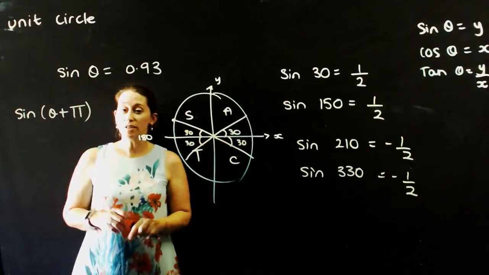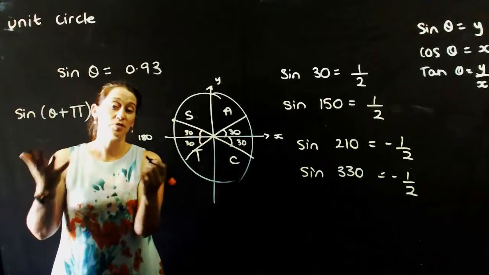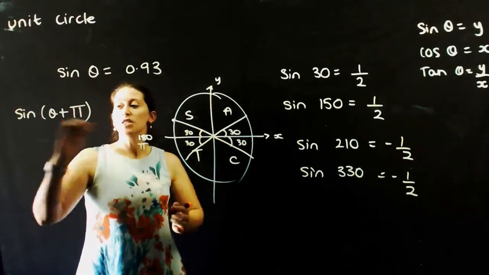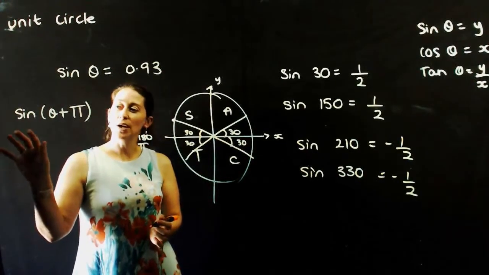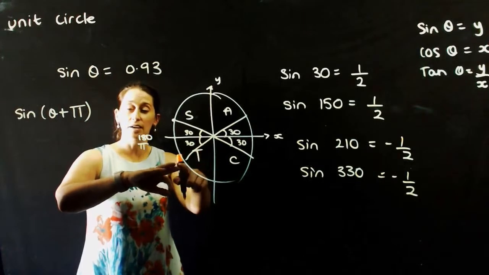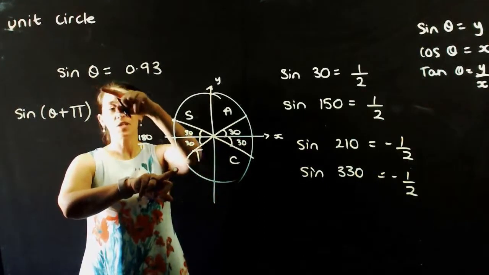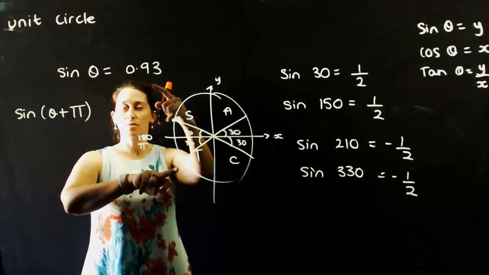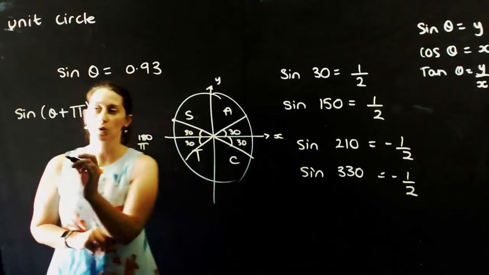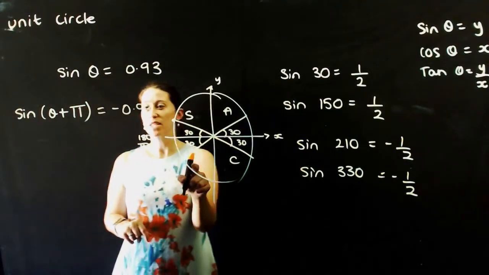Remember, pi and 180 are equivalent. Theta plus pi is in this quadrant here, and sine is negative in this quadrant, so therefore if sine theta is 0.93, then sine of theta plus pi must be minus 0.93 because of where it lies in this particular quadrant.